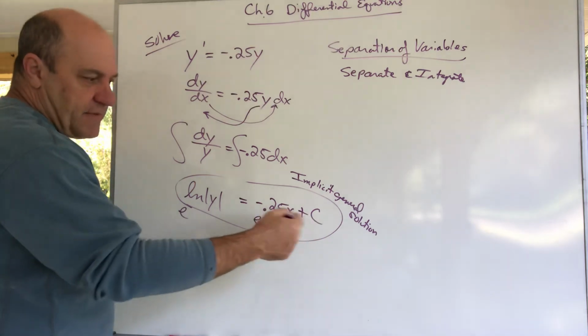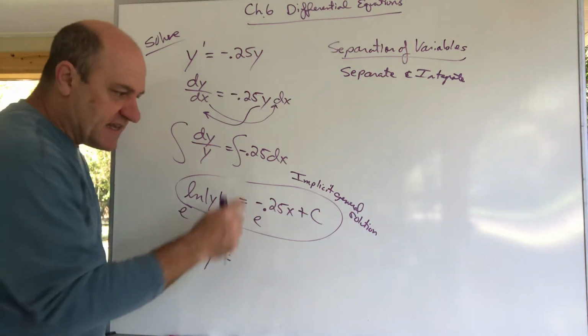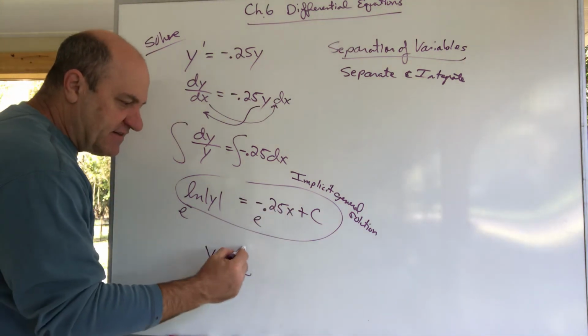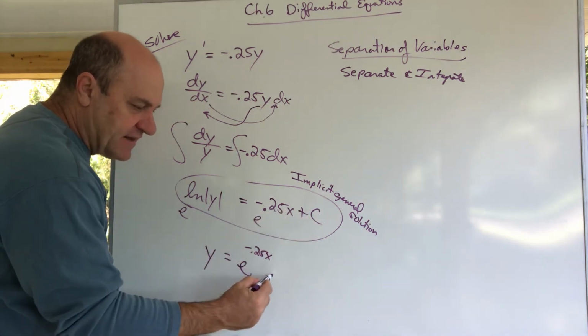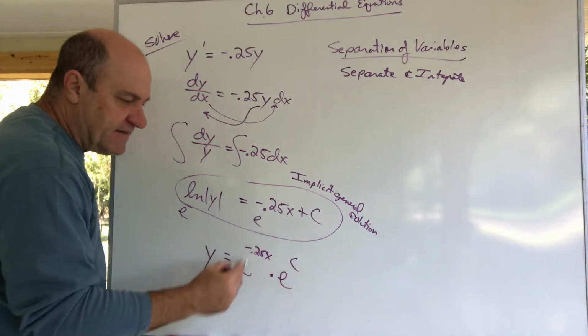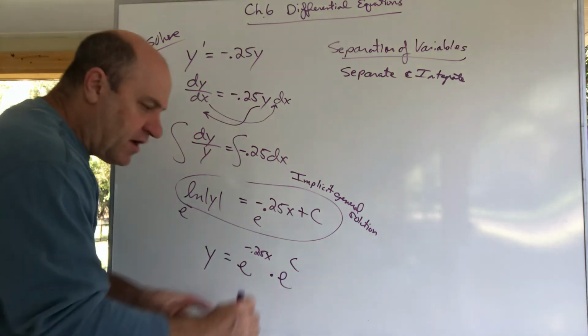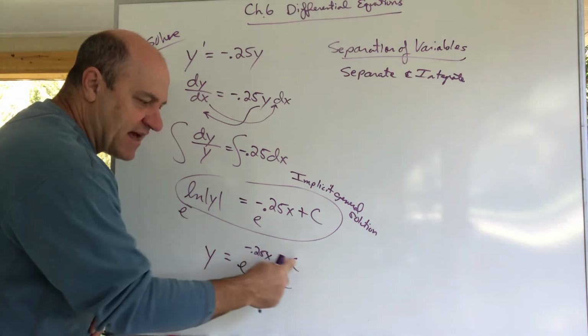On this side, it's e to that whole thing. What you don't do is e each term, that's bad algebra, but watch this. If it's e to the negative 0.25x plus c, I can write it as e to the negative 0.25x times e to the c. In algebra, when you multiply like bases, you add the exponents.